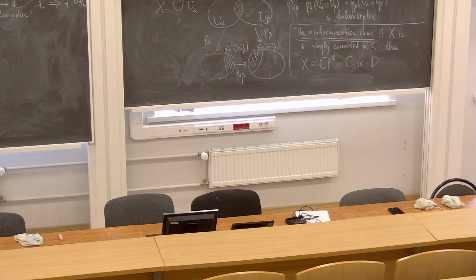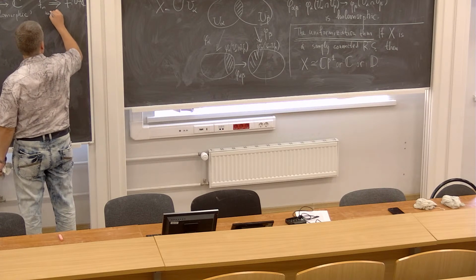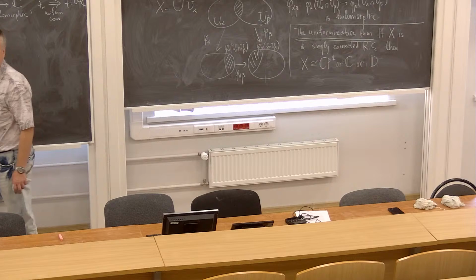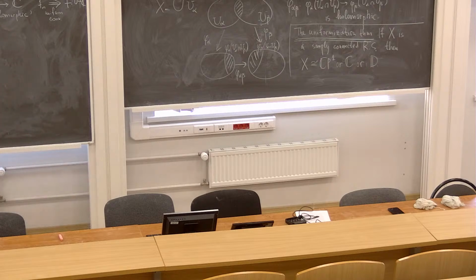So then what we can claim is that the sequence of derivatives converges to the derivative. Let me put it differently. The assumption is that this is a uniform convergence to some function, and a priori, we don't know anything about the limit function. So then what we can claim is that firstly, this limit function is holomorphic.